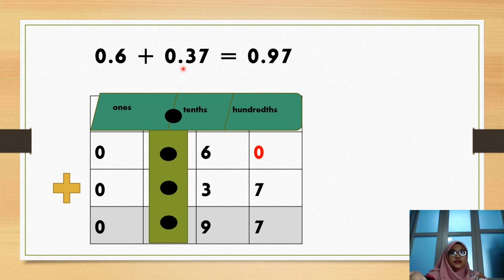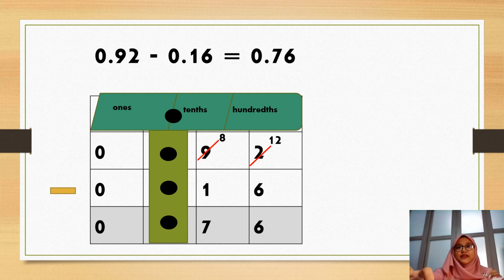Plus 0, then after the decimal point is 3, so 3, 7, and then we add as usual. 0 plus 7 is 7, 6 plus 3 is 9, 0, 0, and 0. So the answer is 0.97.